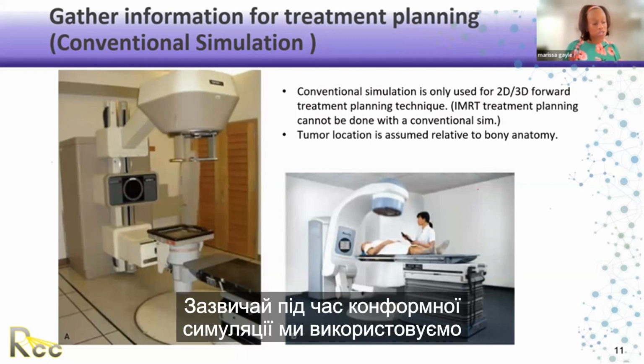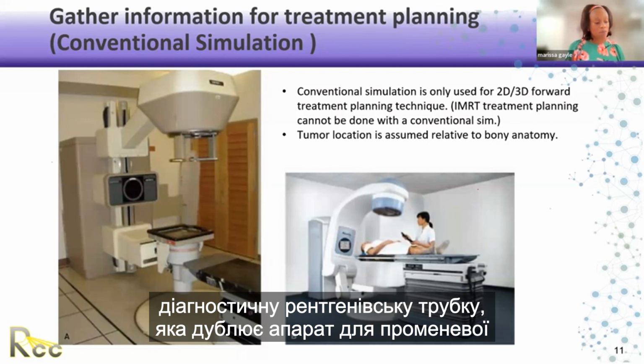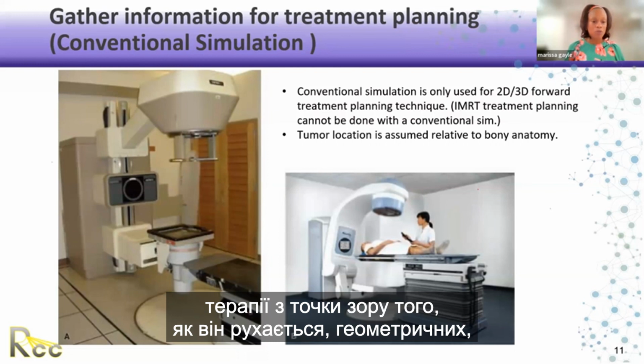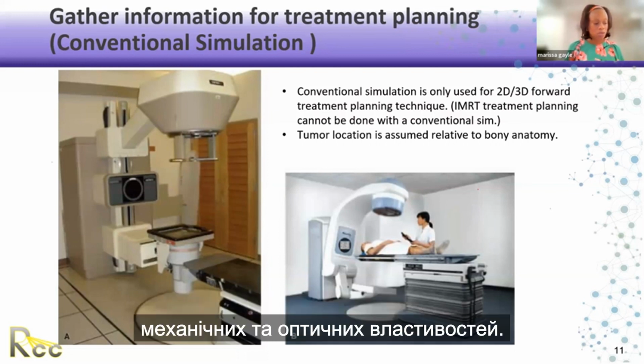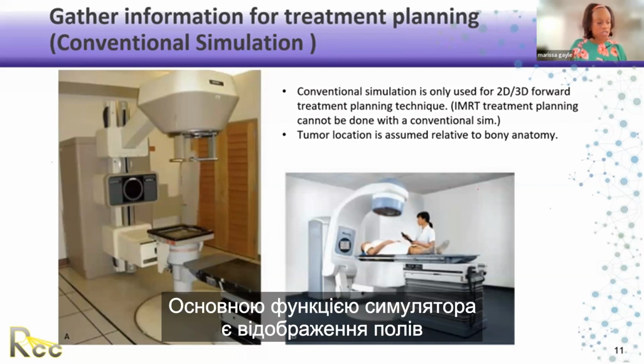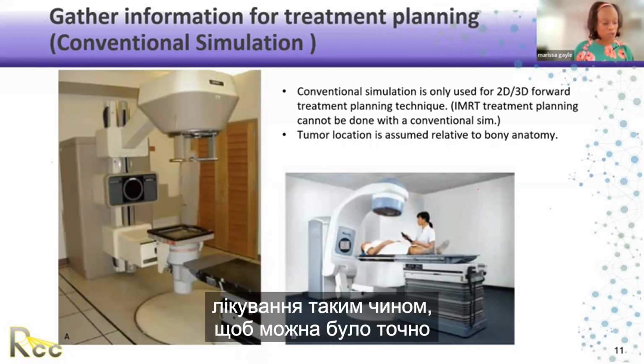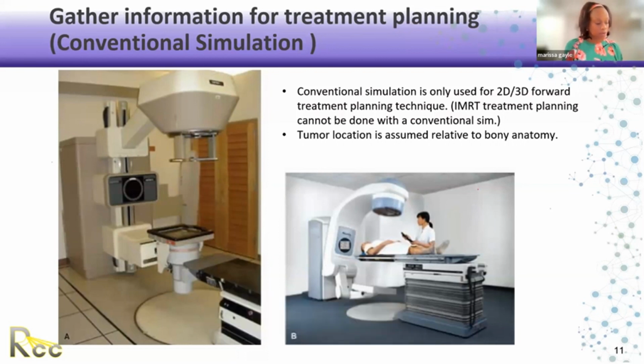Generally during conventional sim, we will use a diagnostic X-ray tube, which duplicates the radiation treatment unit in terms of the way it moves, and its geometric, mechanical, and optical properties. The main function of the simulator is to display the treatment fields so that the target volume may be accurately encompassed.